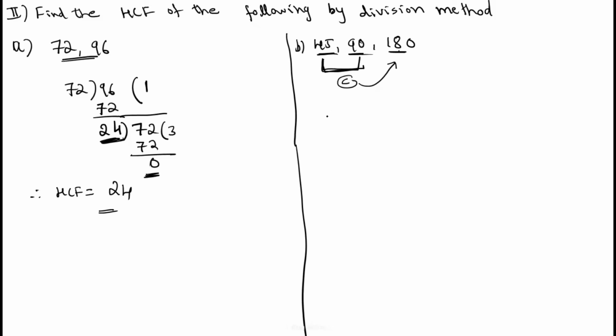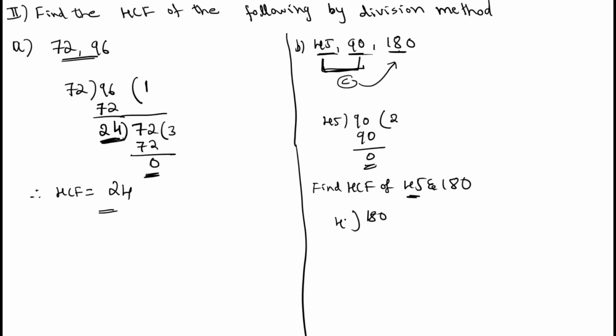Okay, here see, first I will take 45 and 90. So you need to divide 90 by the number 45. We know 45 2s are 90, remainder 0. So here HCF is equal to 45. Okay, then find the HCF of 45 and 180. Again you need to divide 180 by the number 45.